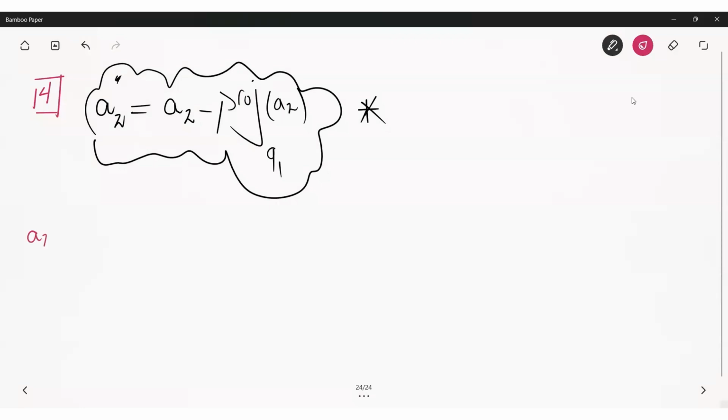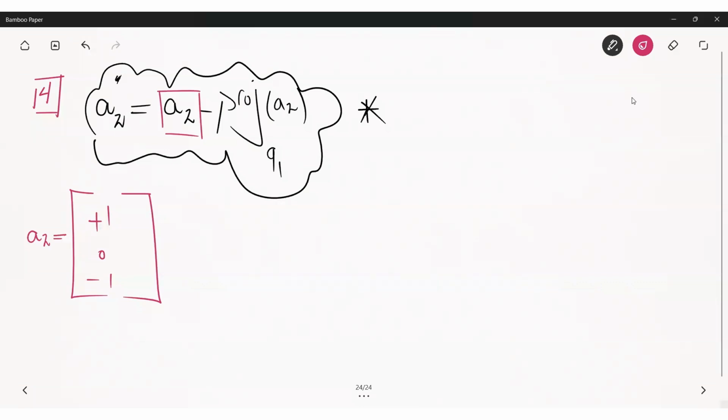A2 for us, which comes from this equation, becomes this matrix, which was +1, 0, and -1. This is the column A2.